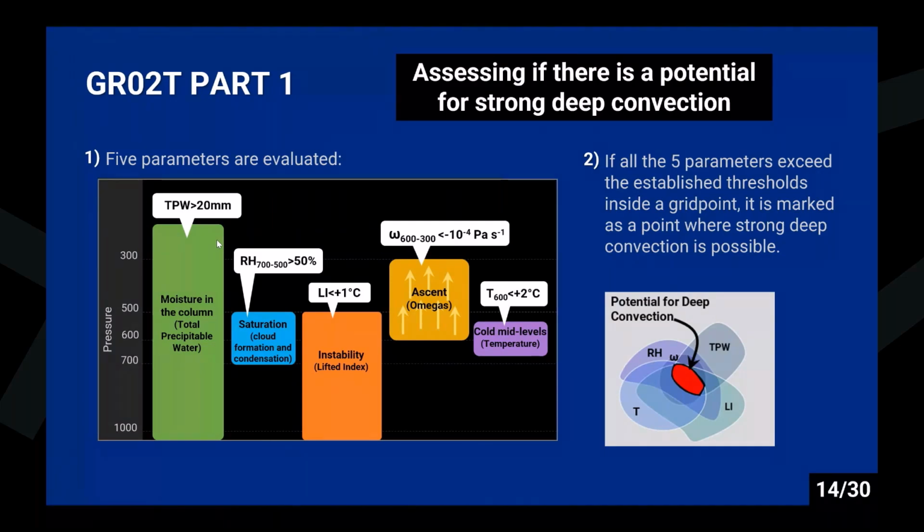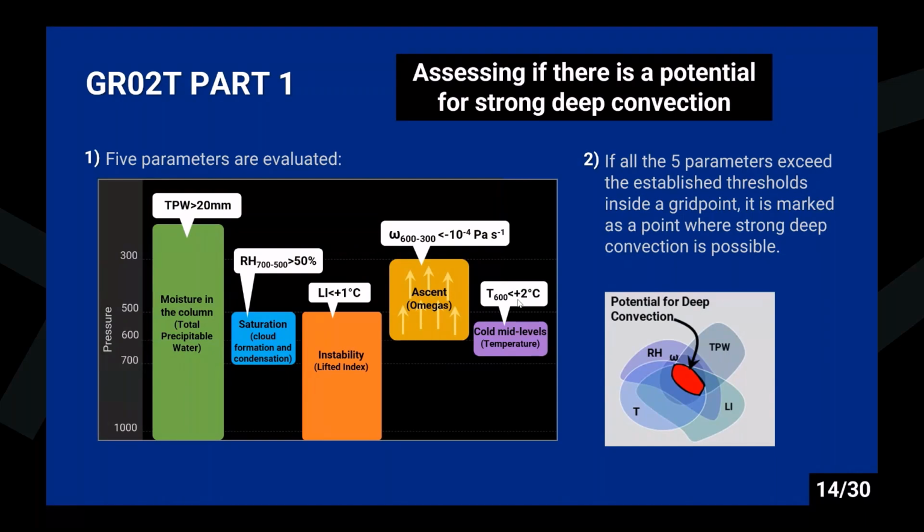So if I want to capture the type of convection that happens in Colorado, probably I would need to change these parameters. For example, lower maybe the precipitable water threshold, maybe change the lifted index threshold, and the mid-level temperatures probably bring them down, and so on, right? So the algorithm doesn't work exactly the same for every location.